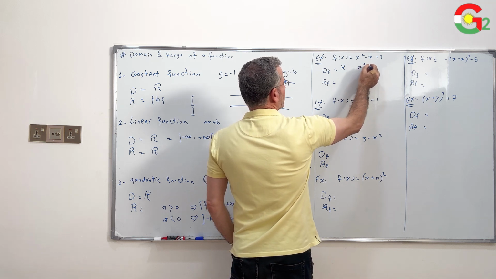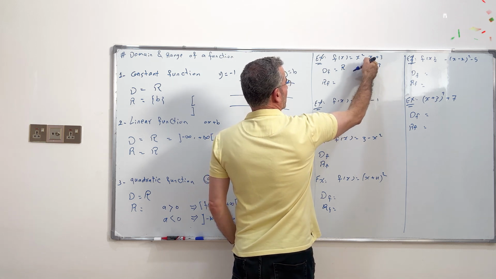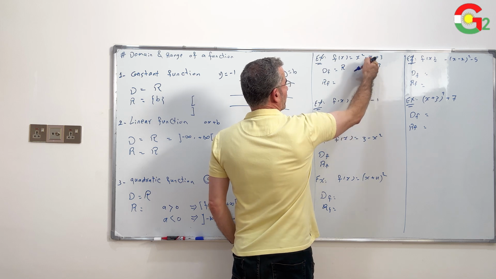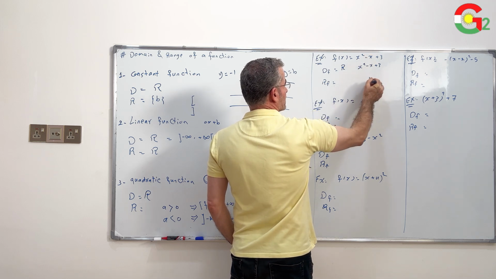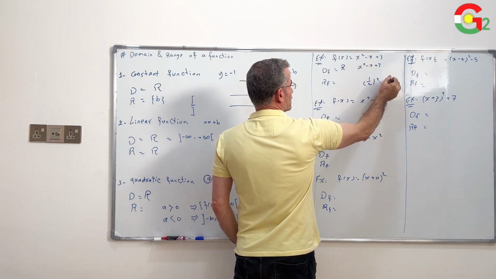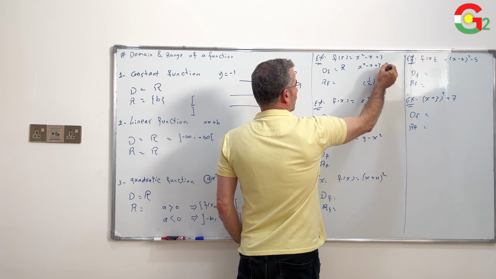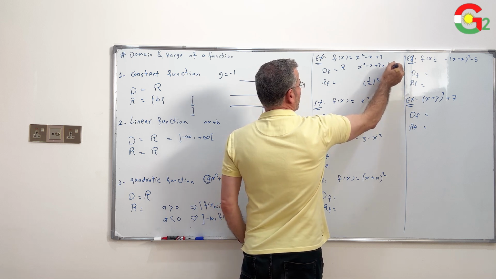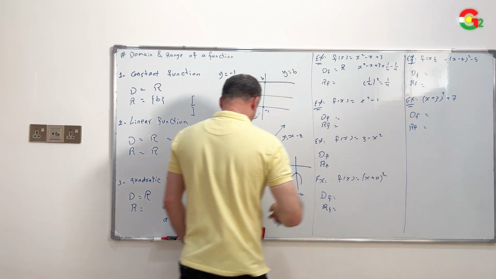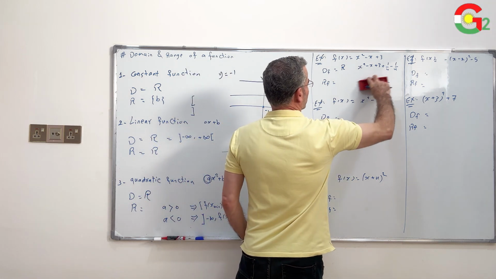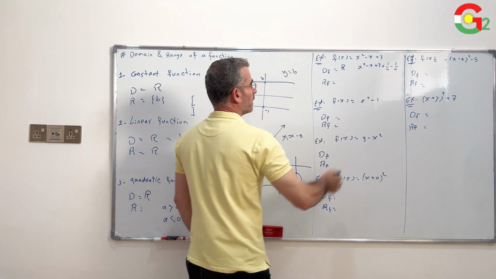I'll add and subtract the coefficient of x divided by 2, squared, which is 1 over 4. Then I add 1 over 4 and subtract 1 over 4 to this function to make it a complete square.